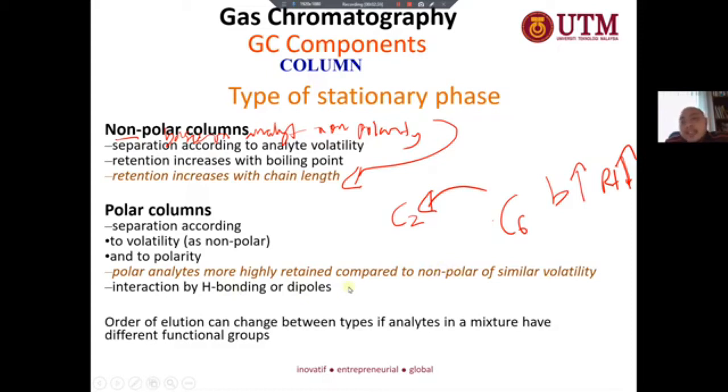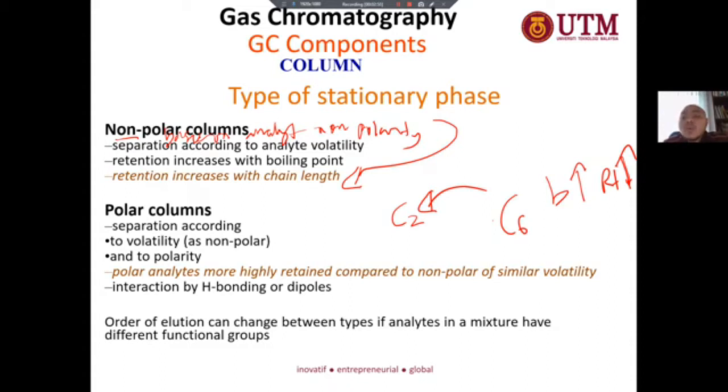So, for example, if you want to separate polar analytes, say you want to analyze the type of alcohol available in a beverage. You have standards, for example methanol, ethanol, propanol, butanol.